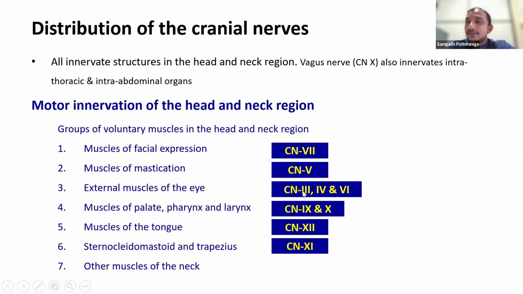External eye muscles are from the third, fourth, and sixth nerves. The palate, pharynx, and larynx are from the vagus nerve with some contribution from the cranial part of the accessory nerve. The tongue is the hypoglossal nerve. Sternocleidomastoid and trapezius are from the accessory nerve. Other small muscles of the neck are supplied by the cervical plexus, not the cranial nerves.